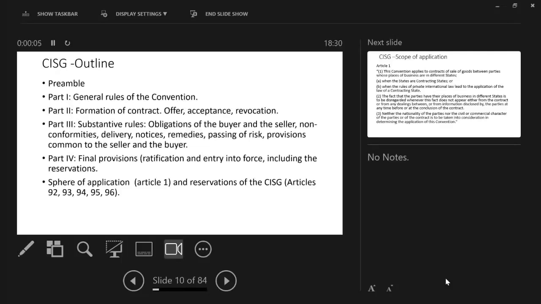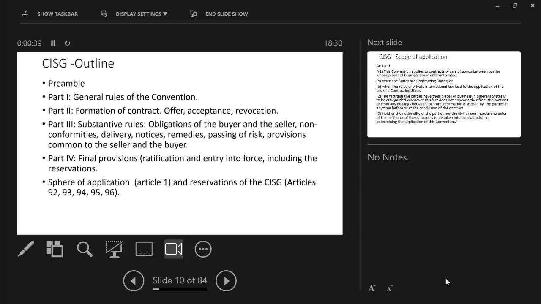So, if we look at the structure: preamble; Part 1, general rules; Part 2, formulation of contract, offer, acceptance, revocation; Part 3, substantive rules, obligations of the buyer and the seller, nonconformities, delivery, notices, remedies, passing of risk, provisions common to the seller and the buyer; and Part 4, final provisions around ratification and entry into force.